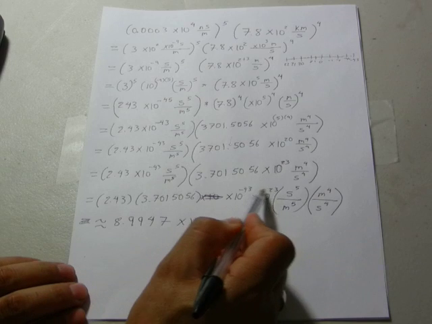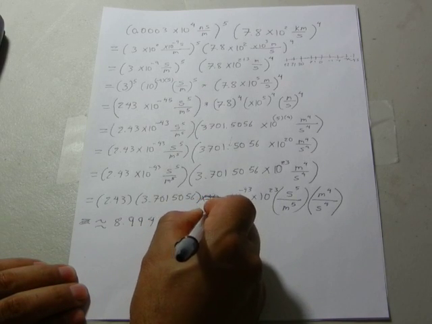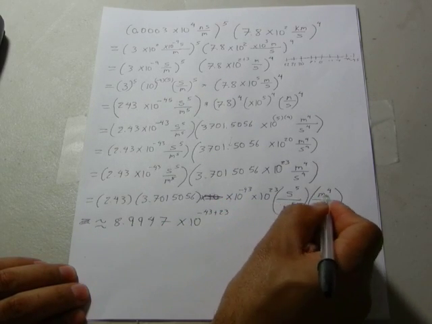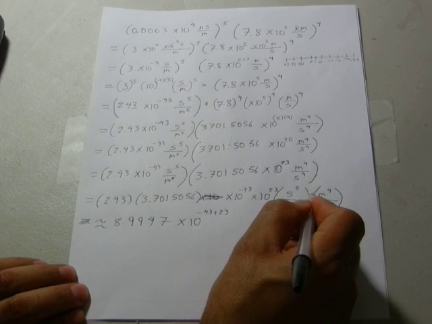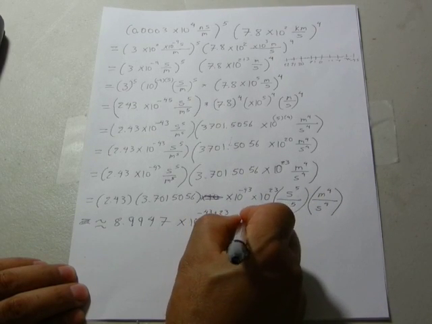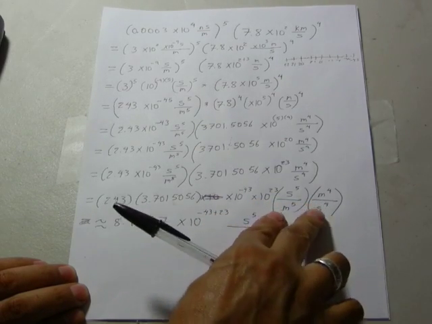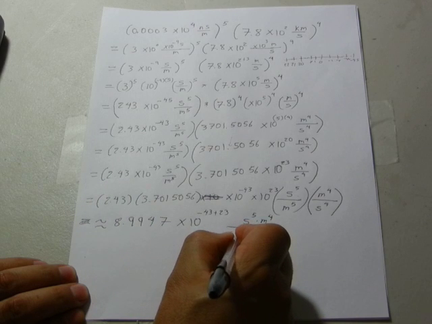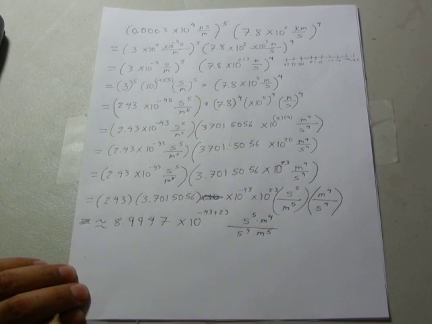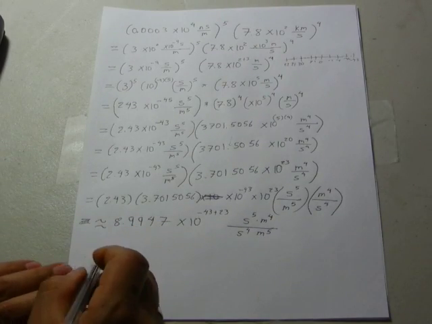We have multiplication with the same base. We add 43 plus 23, and multiplication of fractions, numerator times numerator, denominator times denominator. So we have seconds to the 5, meters to the 4, or if you want we can change seconds to the 4, meters to the 5. It's going to be more simple to identify if we have the same base.